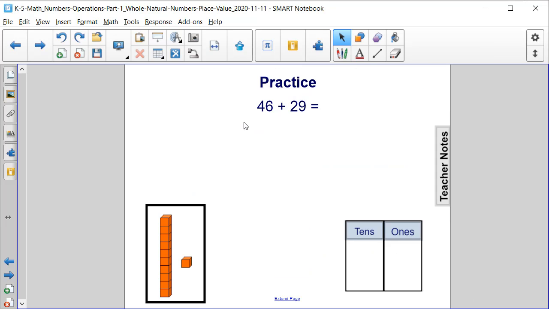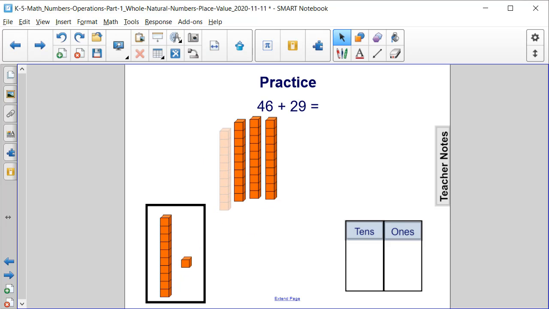Let's practice adding double-digit numbers, or 2-digit numbers, using the base 10 blocks. So we have 46: 10, 20, 30, 40, and then 6 ones: 1, 2, 3, 4, 5, 6.